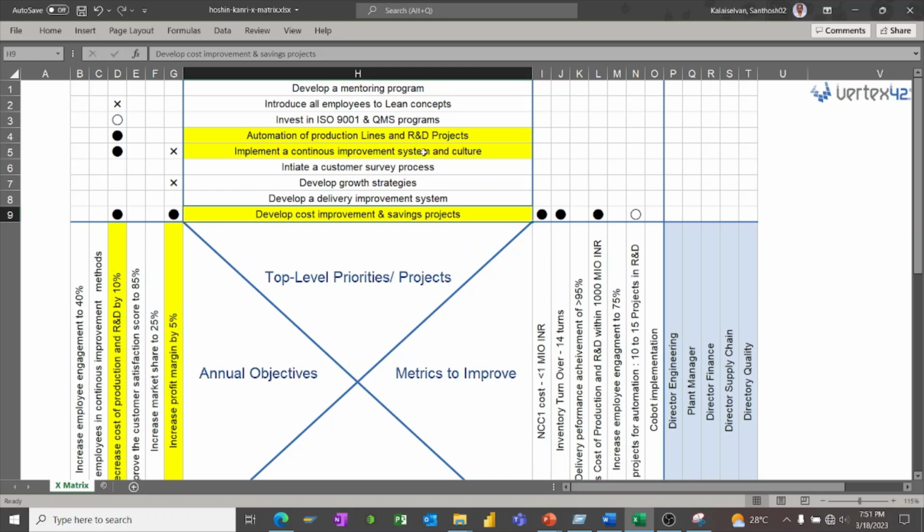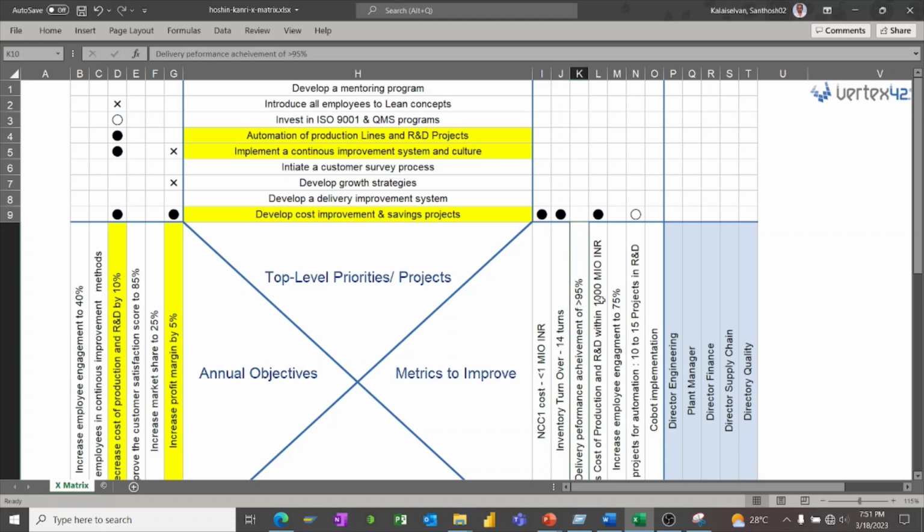Let's see the other legends. Implement a continuous improvement system and culture. So continuous improvement is nothing but the implementation of lean and other improvement activities within production and R&D. So let's see what the improvement activities are. Certainly not NCC1 cost, certainly not inventory turnover, certainly not delivery performance.